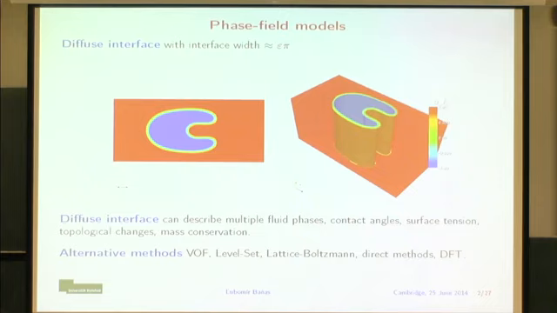For instance, one can describe multiple fluid phases in a straightforward way, as we will see later. Physical effects like contact angles and surface tension effects can also be easily included in the model. The approach can handle topological changes and preserves mass.